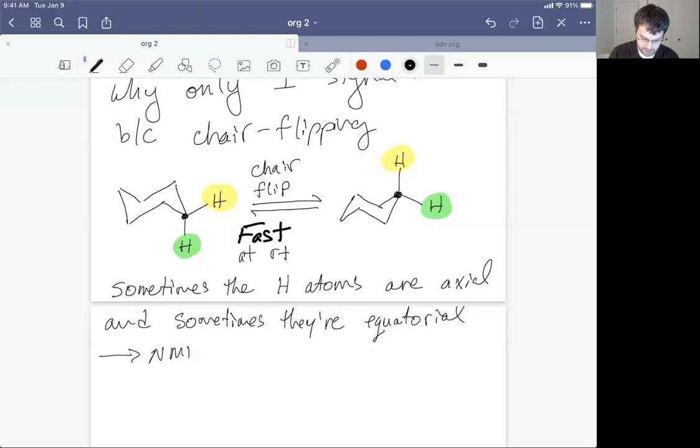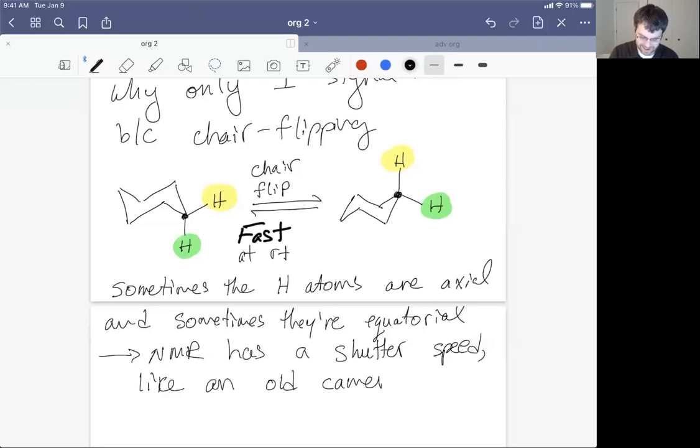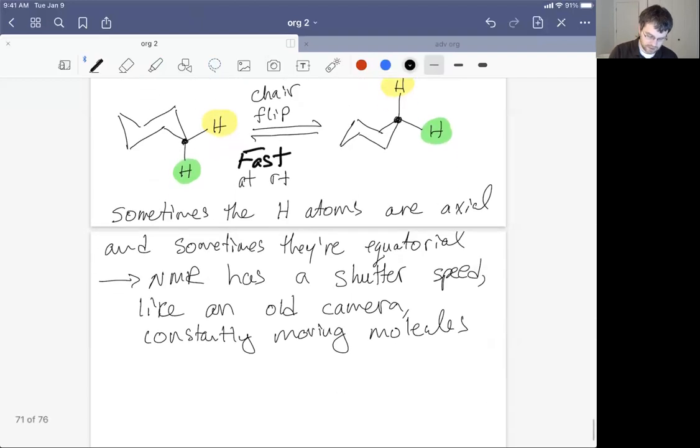The NMR has a shutter speed like an old camera. As a result, the constantly moving molecules will create a blurry image.